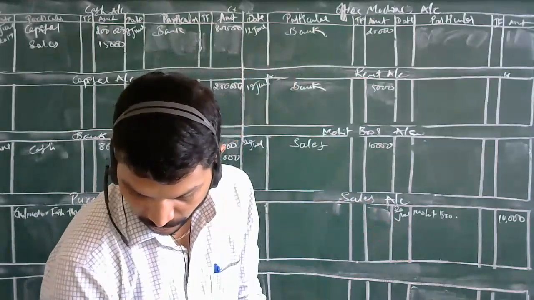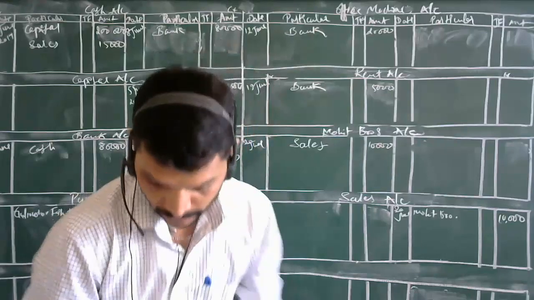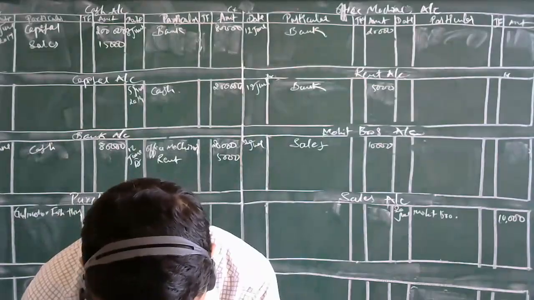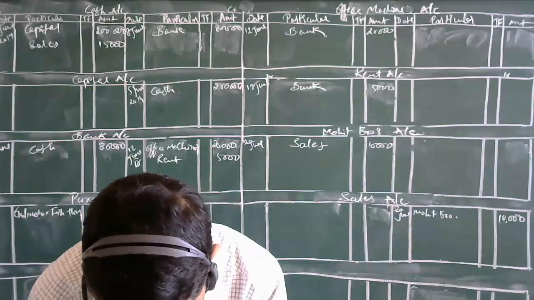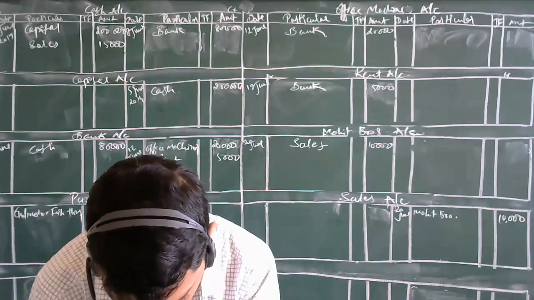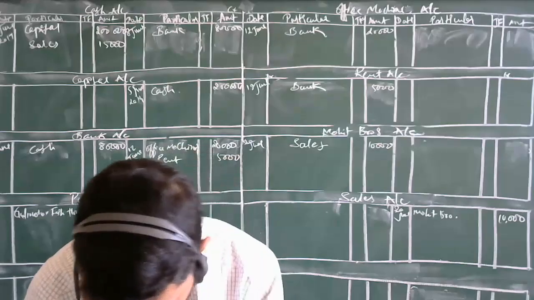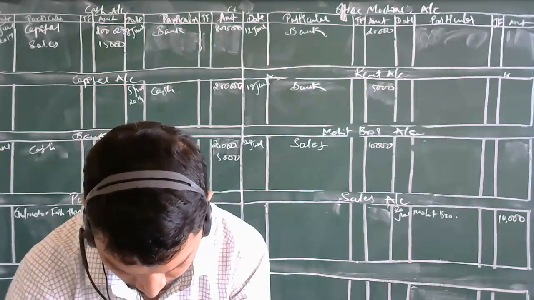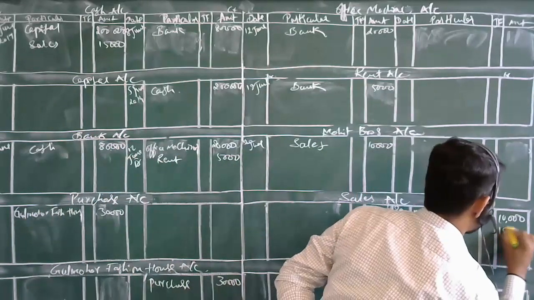Where is the sales account? Sales account. What is it that has been told over here? Cash sales 15,000. Cash 15,000.